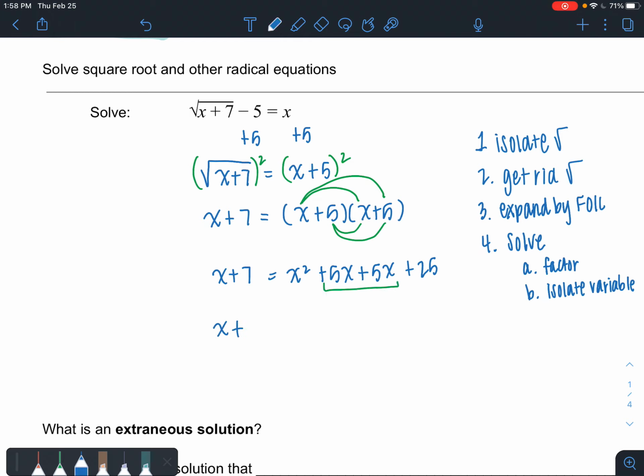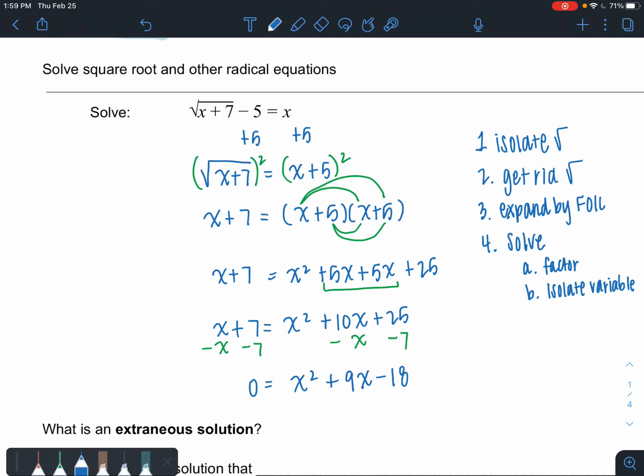So I have x plus 7 equals x squared plus 10x plus 25. Subtract x from both sides and 7, and I get 0 equals x squared plus 9x minus 18.